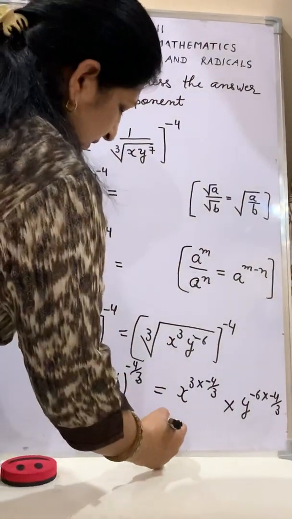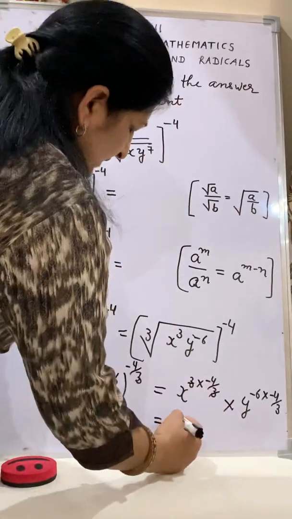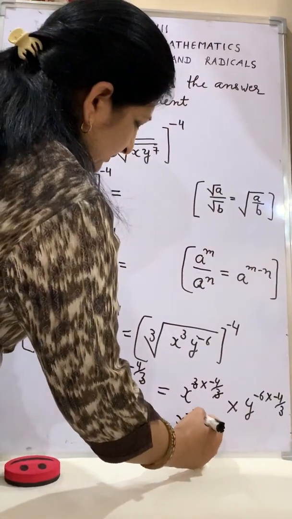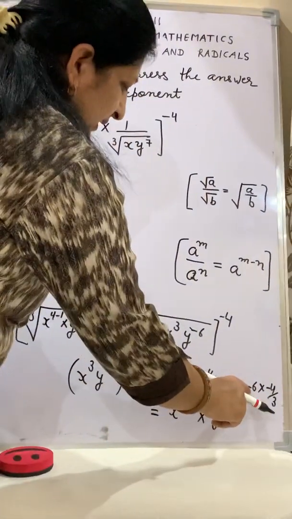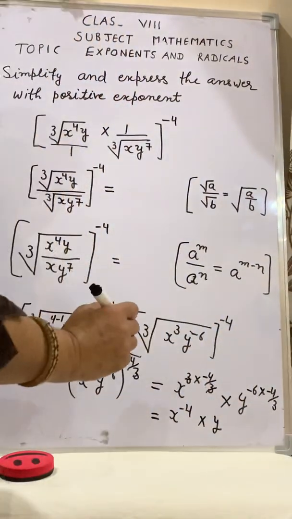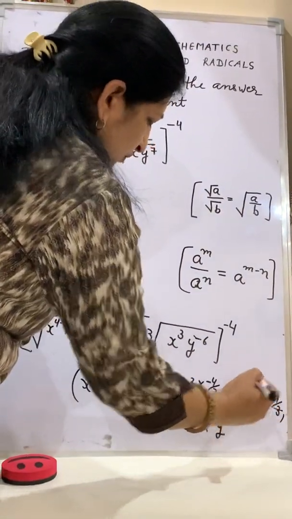We will solve it. 3 1s are 3, so x raised to power minus 4 multiplied by y raised to power, minus multiplied by minus will be positive, and 3 2s are 6, 2 4s are 8.